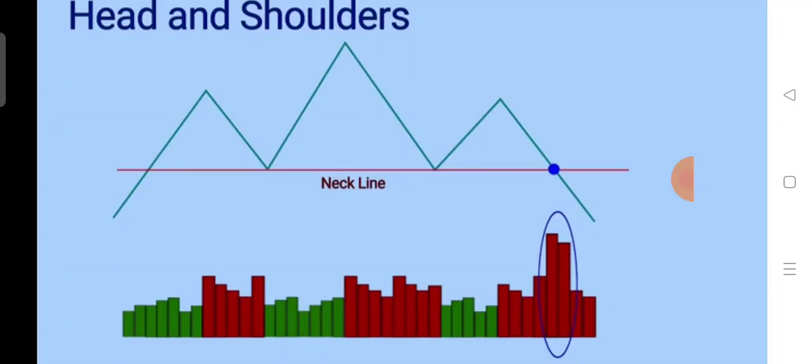This is just a little bit of additional assurance. But even without volume confirmation, nowadays head and shoulder breakdowns can happen. So it is not a necessary factor.